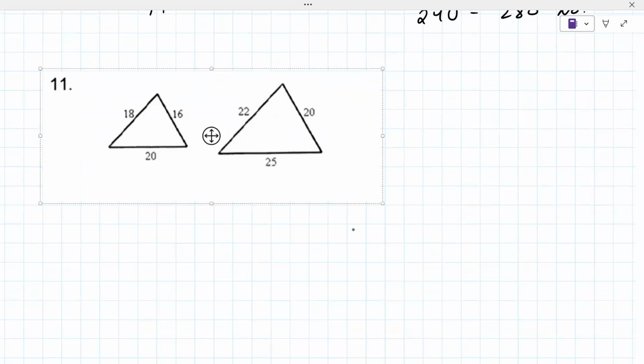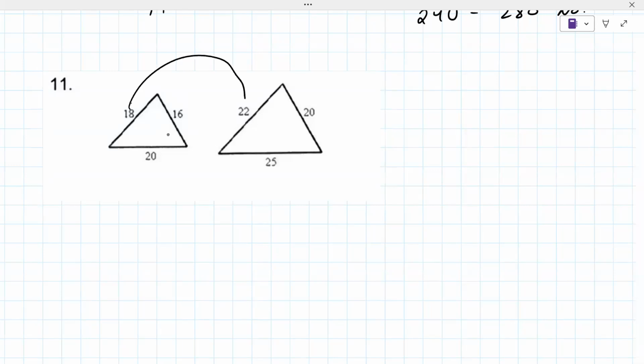This one is also slightly deceptive. So see how 18 is bigger than 16, 22 is bigger than 20. So these go together, and those go together. Could you set up a proportion here to see if this works or doesn't?